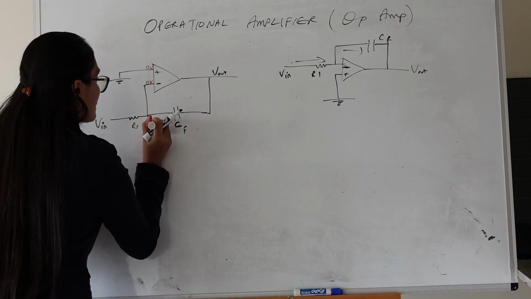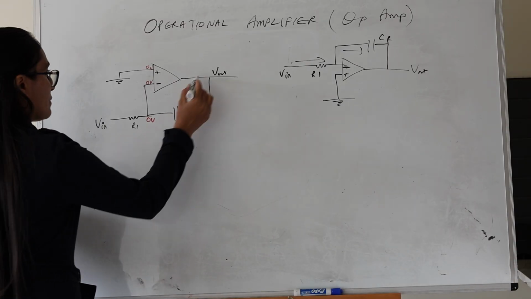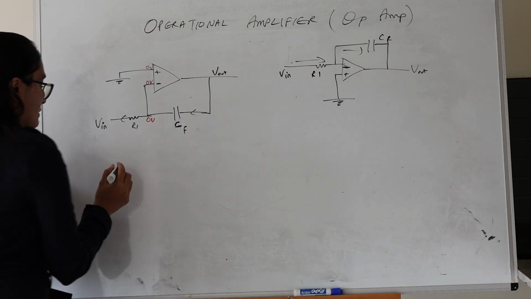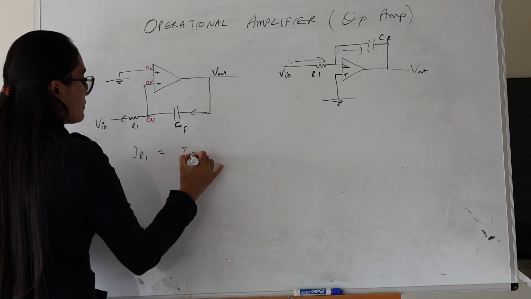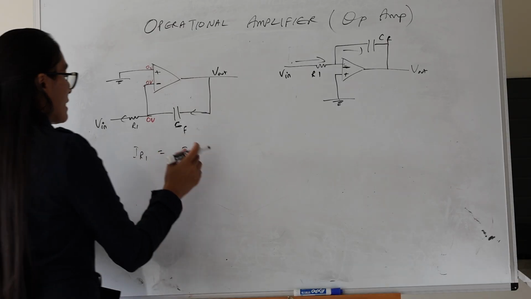So the current flows like this, actually. The current flowing through R1 is the same as the current flowing through the capacitor CF. F is again for the feedback.